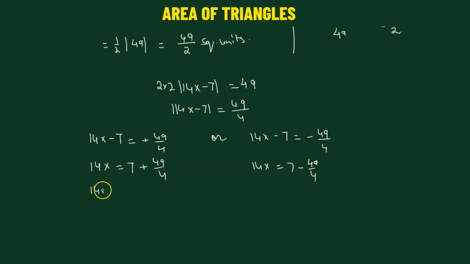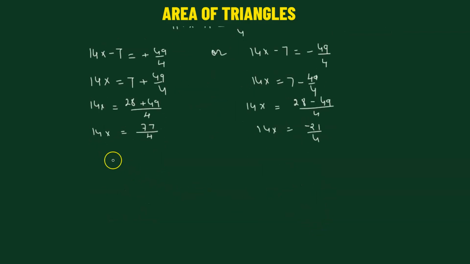So 14x will be equal to 28 plus 49 divided by 4, or 14x equals 28 minus 49 divided by 4. So 14x will be equal to 77 divided by 4, and 14x will be equal to negative 21 divided by 4.